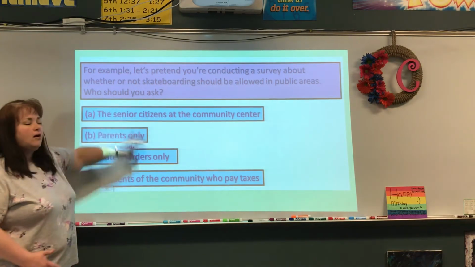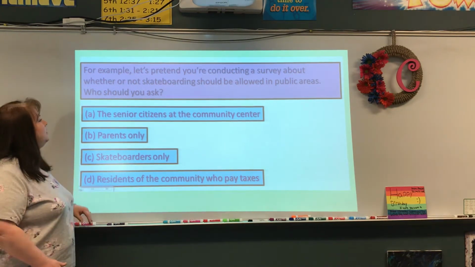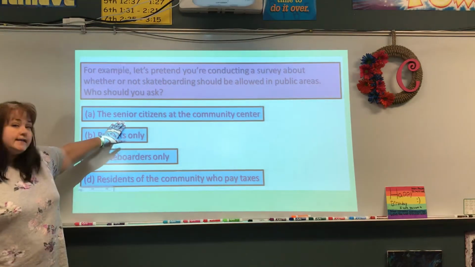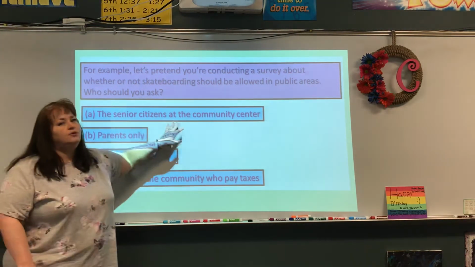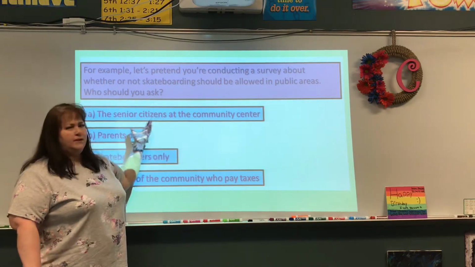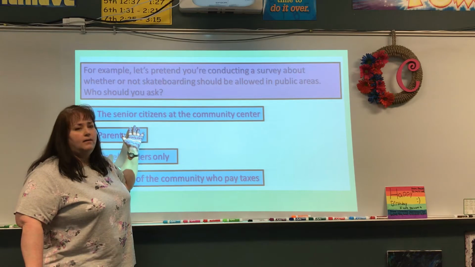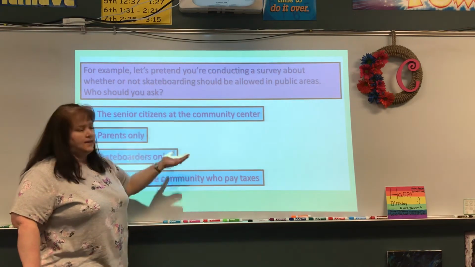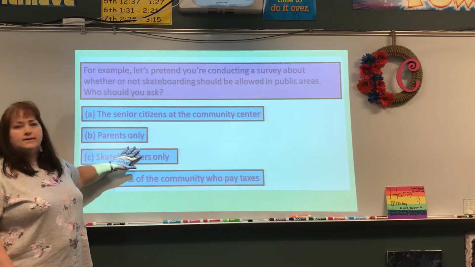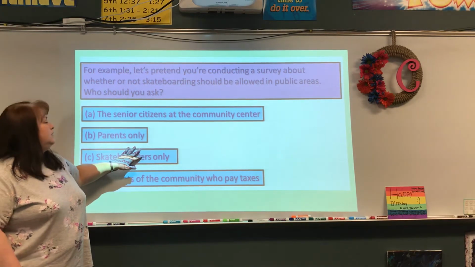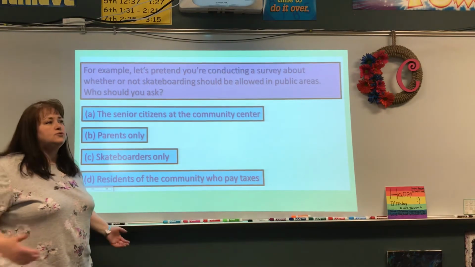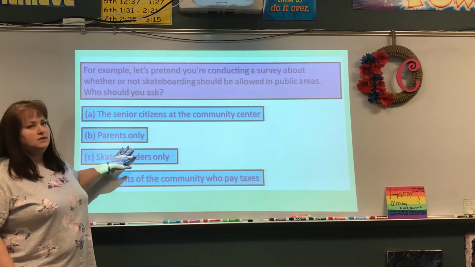So let's talk about our options here. So you're talking about skateboarding versus senior citizens. Do senior citizens skateboard? Probably not, right? So that wouldn't be a good group to survey about skateboarding in public areas. What about the parents? Well, you probably get a mixed result, but do parents normally skateboard?